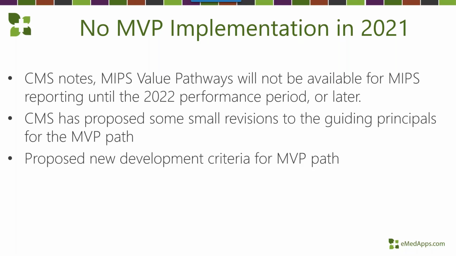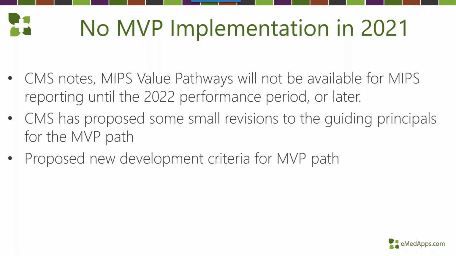So, MIPS Value Pathways: they noted that they won't be moving forward with the MIPS Value Pathways implementation in 2021, but they said that they may revisit that in the 2022 performance year, or perhaps they may move forward with that later.